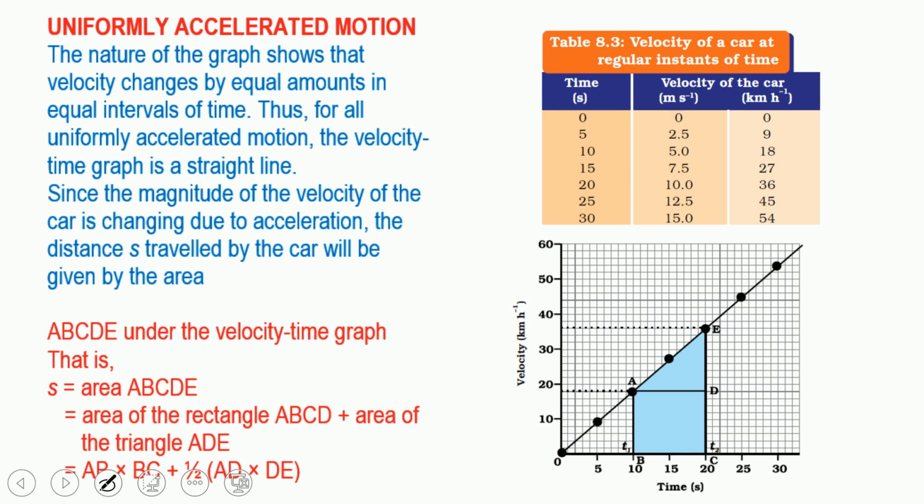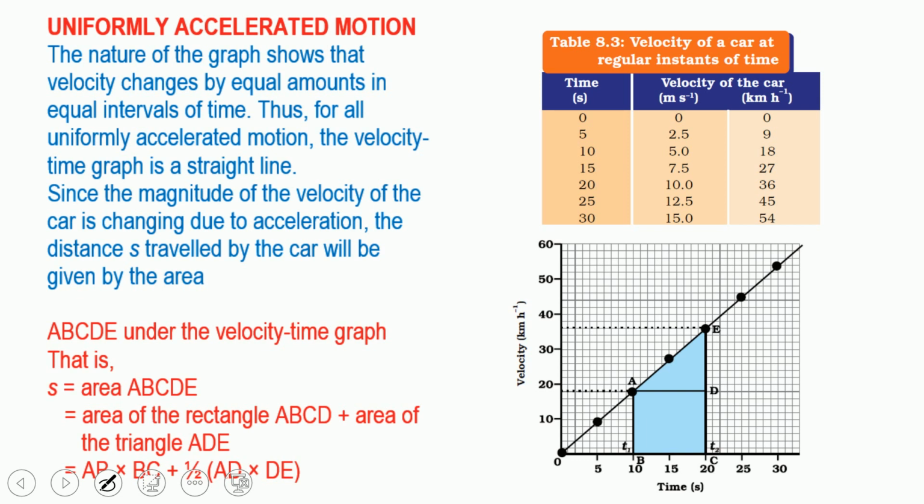The slope at any interval of time will remain the same. So how can we find the acceleration? It is the slope. Anywhere you take the slope. Now what is the slope in this case?